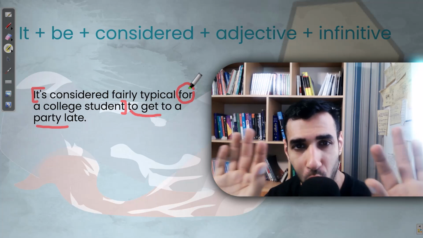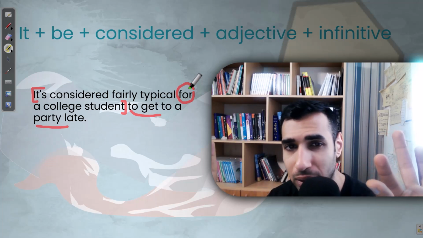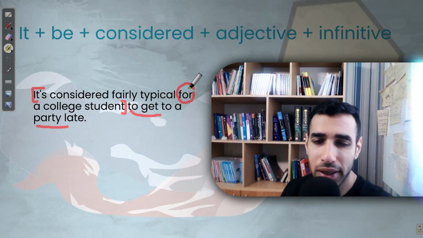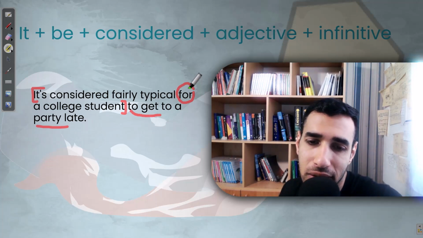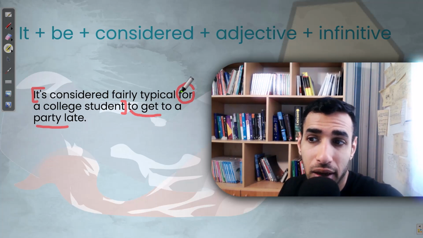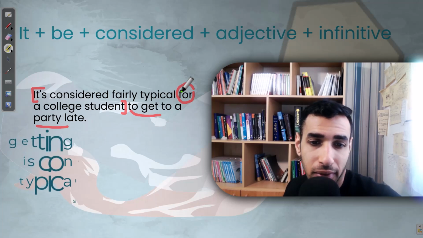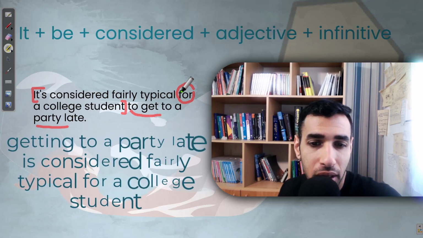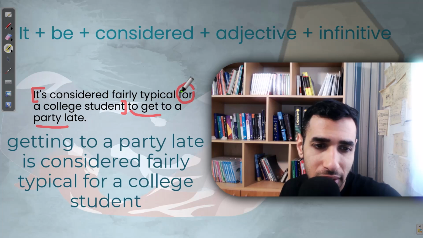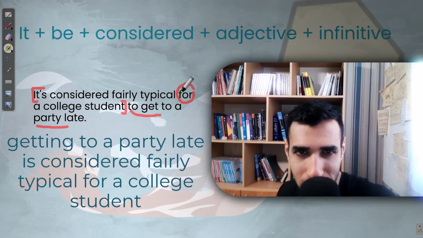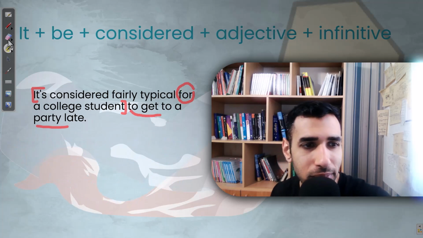We use for and the person that we are talking about. Now let's change this sentence into a sentence with a gerund phrase. Getting to a party late is considered fairly typical for a college student. Next.